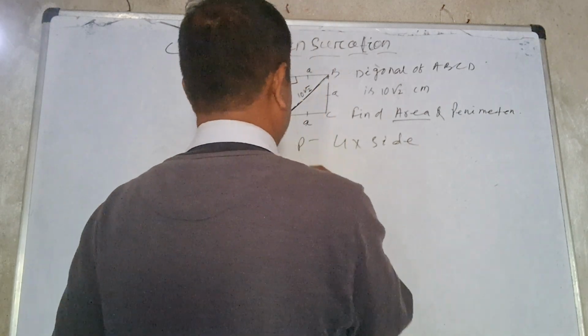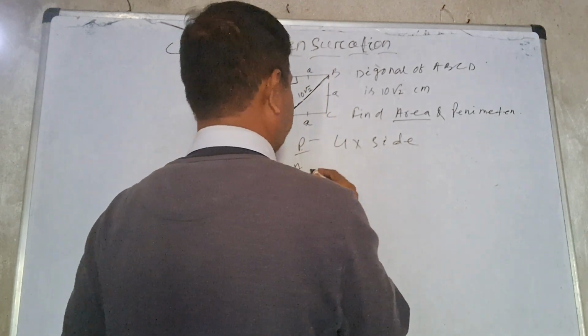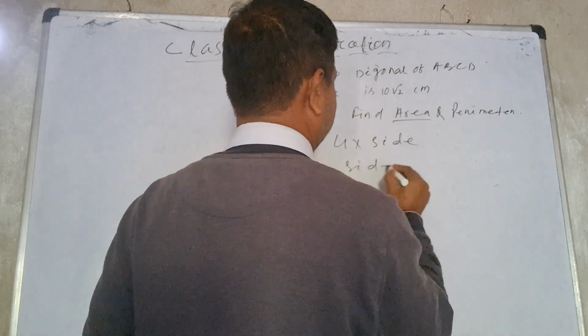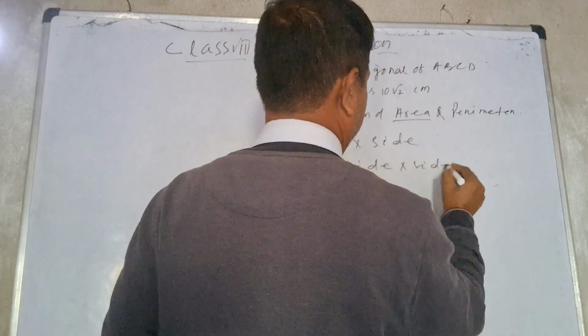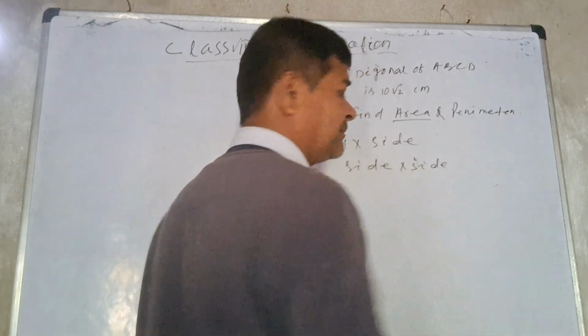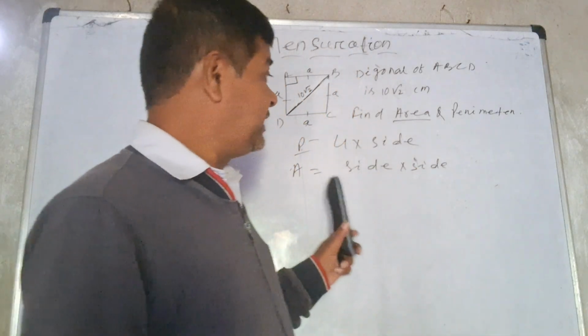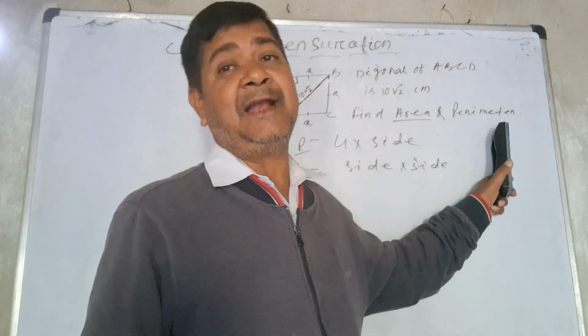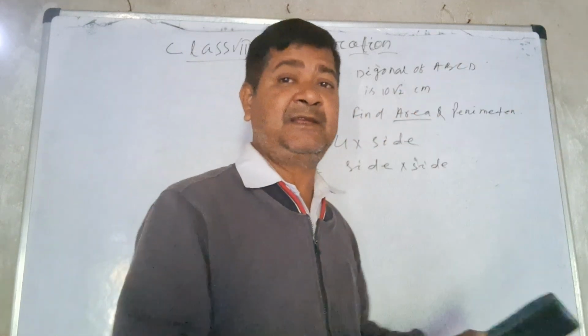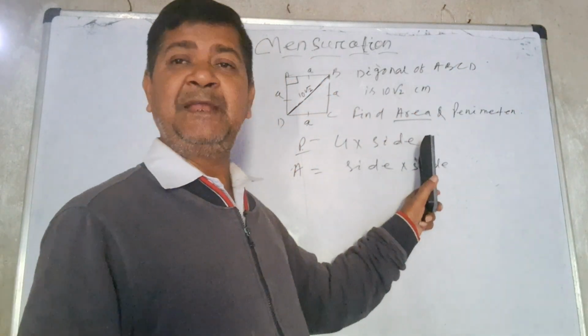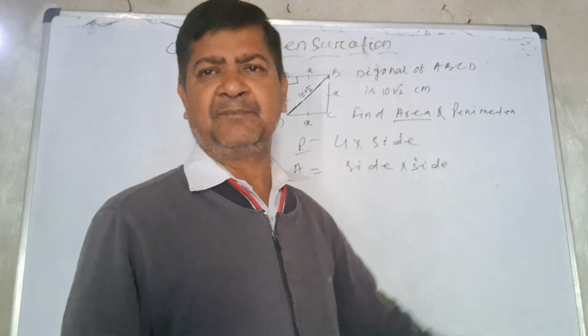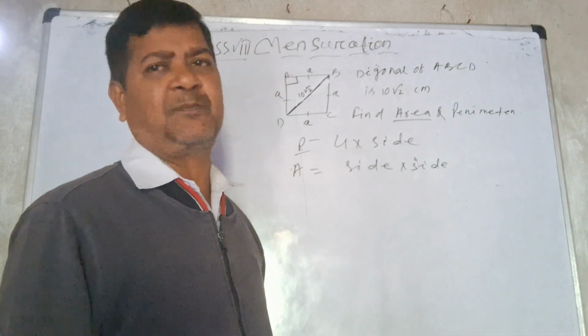P for perimeter, A stands for area. Area equal to side into side. Then it is very necessary for you to find the side. Only after finding the side can we find the perimeter and the area. Otherwise, we will not be able to find it.